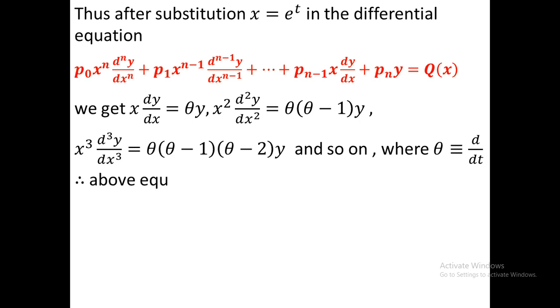Therefore the above equation changes to, you see that x dy/dx equals θy, x² d²y/dx² equals θ(θ−1) of y.